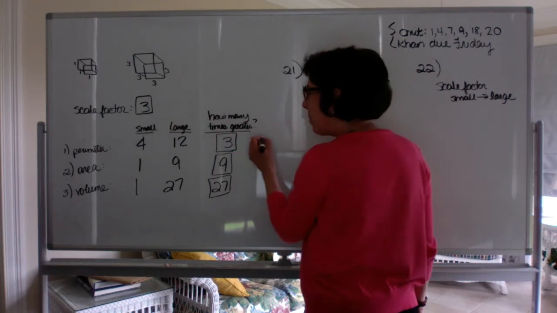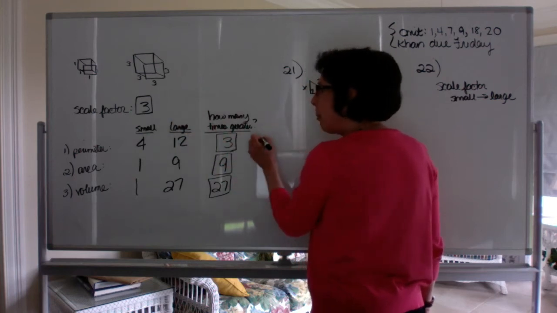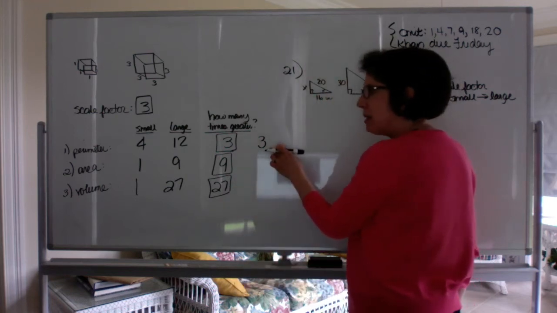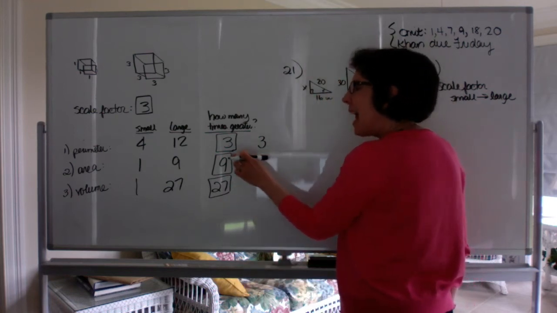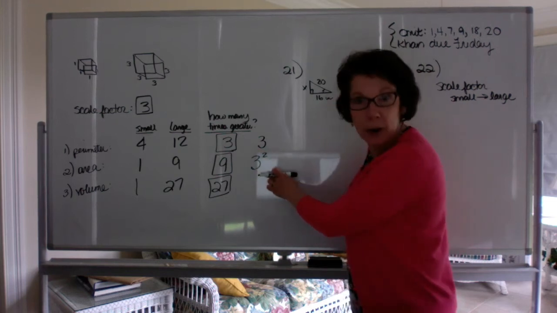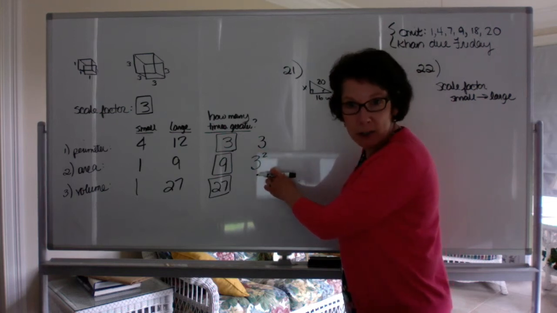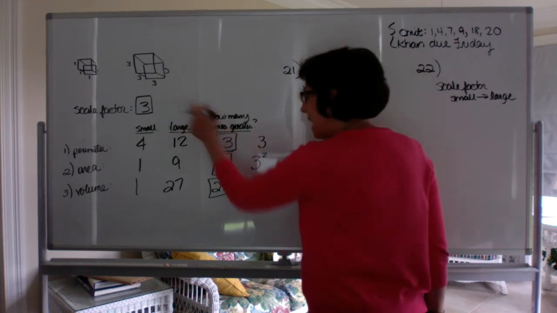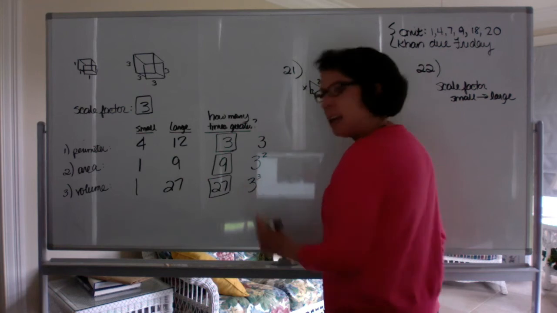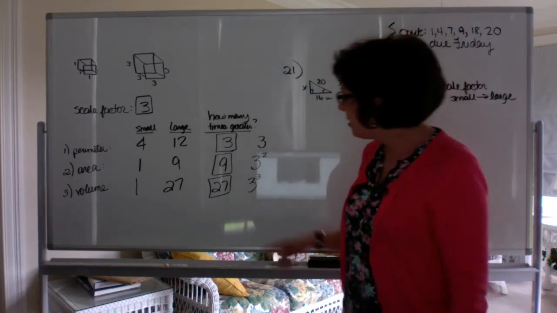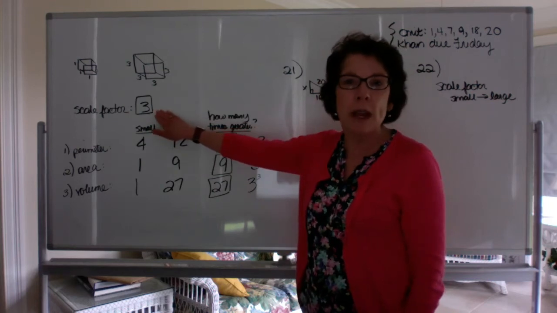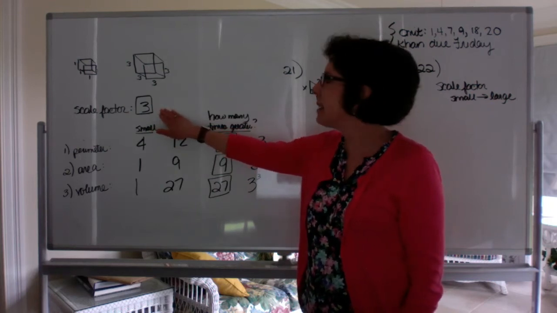In this case the scale factor is 3, so the perimeter will be the scale factor, 3 times greater. The area will be the scale factor squared, 9 times greater. And then we take the scale factor and cube it to compare the volumes. Alrighty? So 3 cubed is 27. So all I need to know is the scale factor.